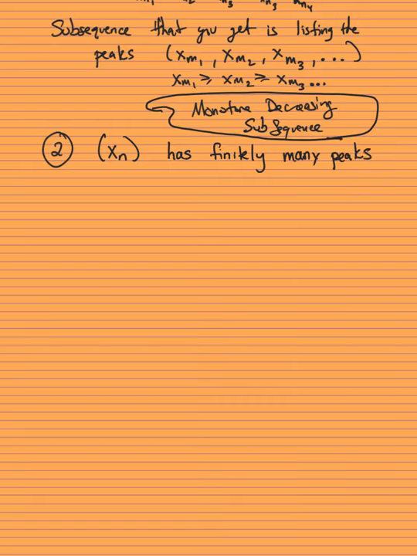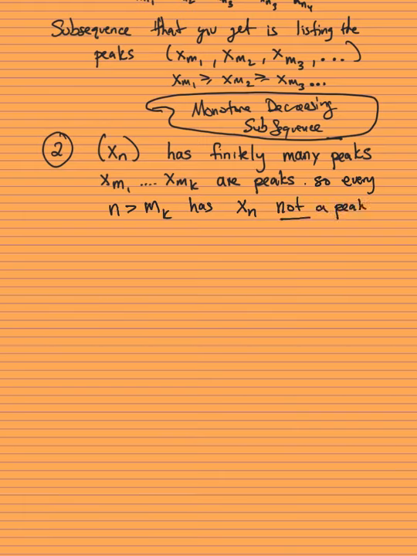So let's say that x sub m1 up through x sub mk are the peaks. So we've listed them. So every n bigger than mk has x sub n not a peak. So eventually there's no more peaks.